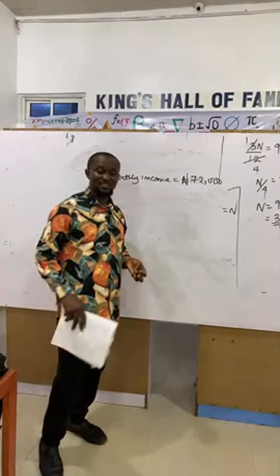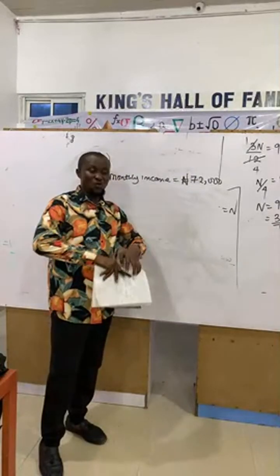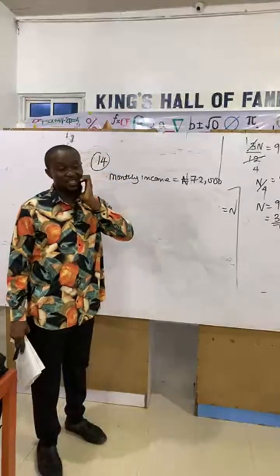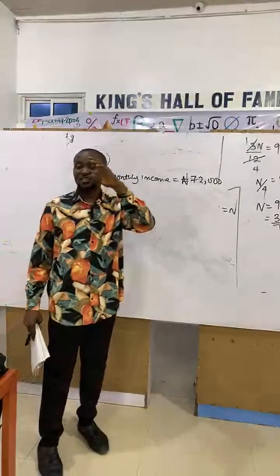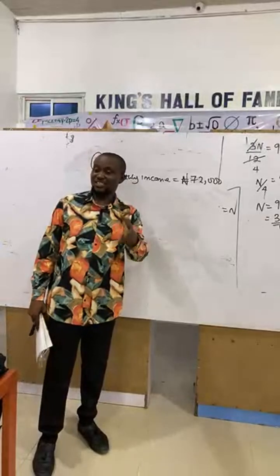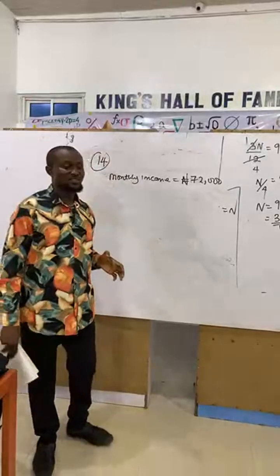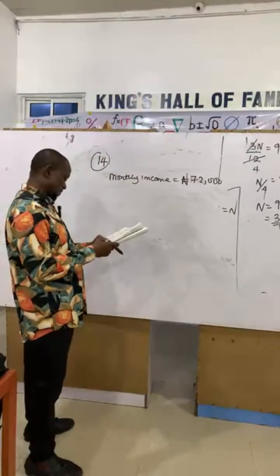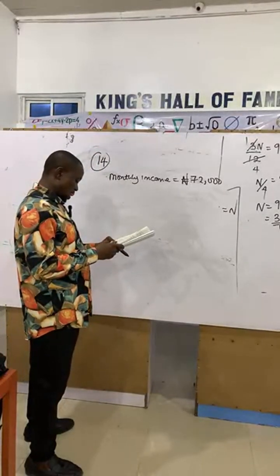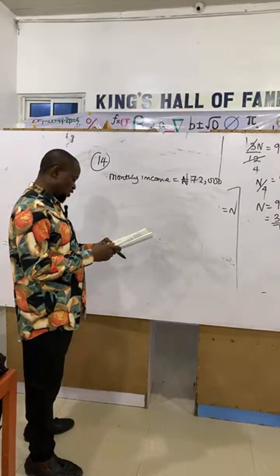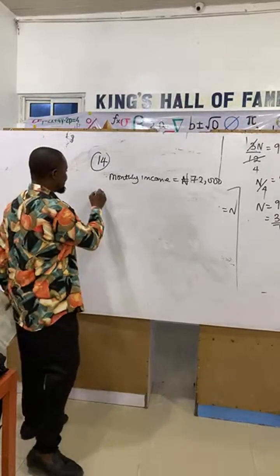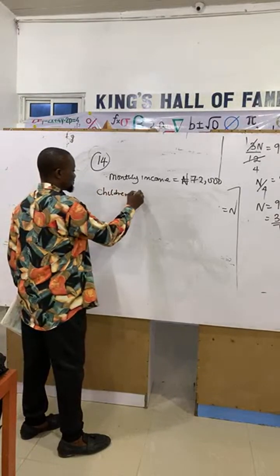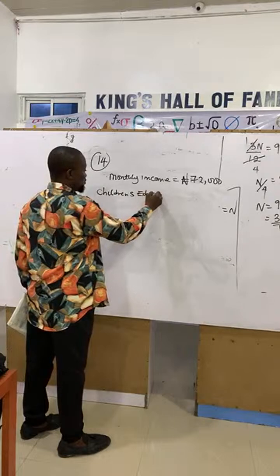If someone buys land and says give me 10% of 100,000, 10% of 100,000 is 10 over 100 times 100,000. So they say he spent 12% on children's education.